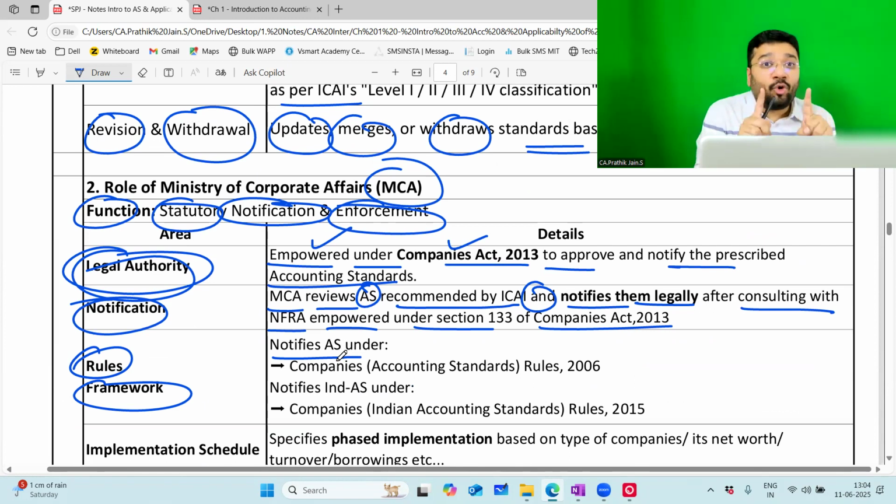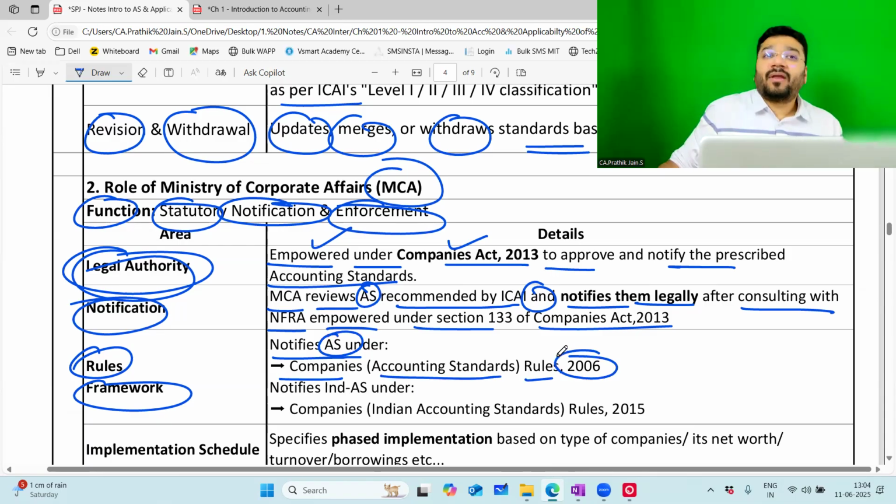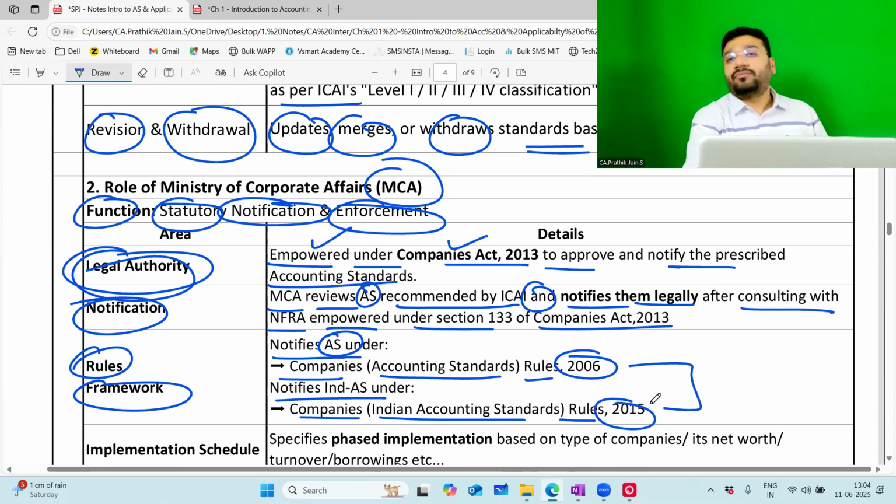Both of these are recommended to whom? ICAI. ICAI in return will recommend this to MCA, which MCA has to approve. MCA will notify AS under Companies Accounting Standards Rules 2006, whereas MCA is notifying Ind AS under Companies Indian Accounting Standards Rules 2015. Very, very important to be noted.